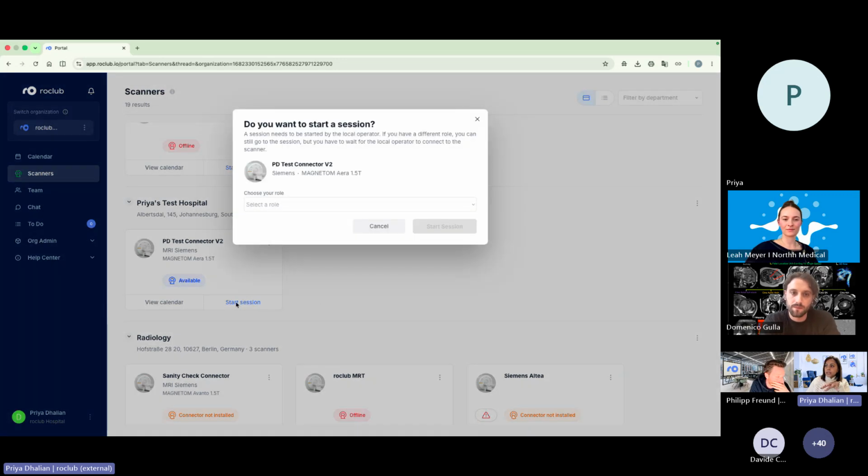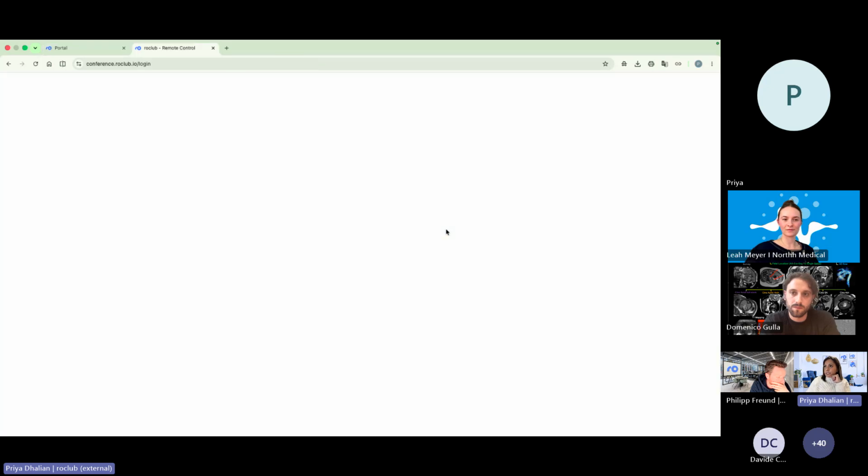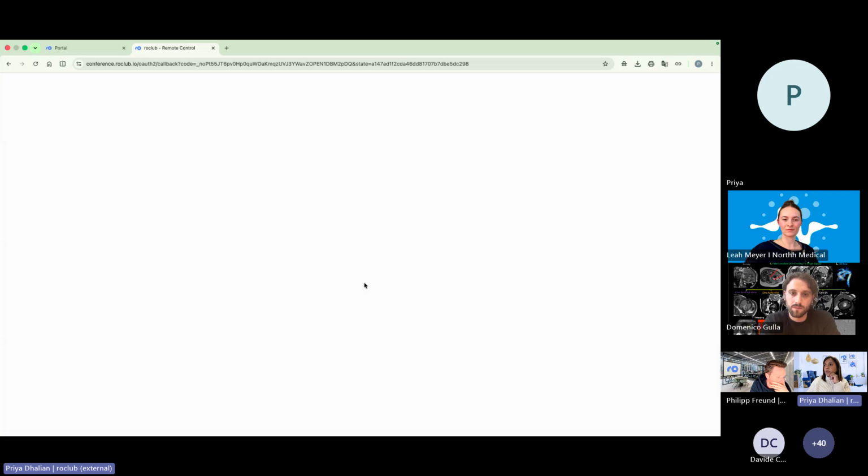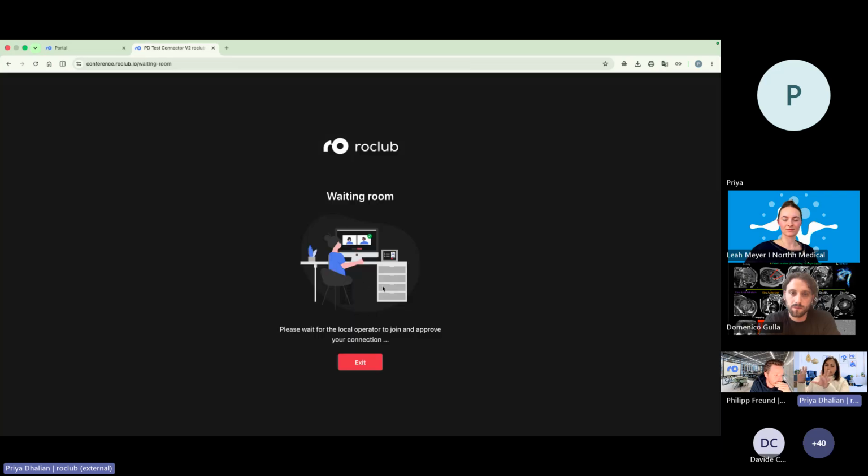So you would select start session, select your role as the remote operator, and then start the session. Starting the session will take you into a hardware setup where we would then sit a little bit first in the waiting room. So the person on site will always have to give the remote expert access to the scanner, right?